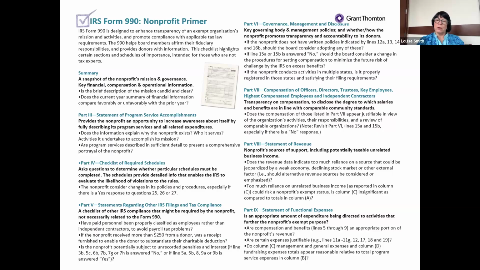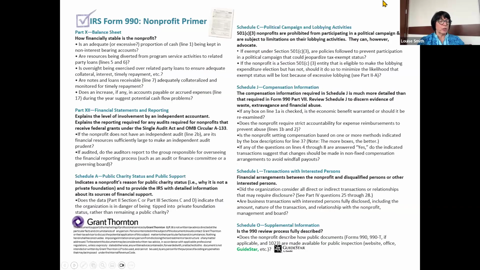All right, moving along. We're closing in here on the end of our session. More of this primer helping you understand the actual statements that are in the 990. Very important. One of the areas most of us don't do too much with, but Schedule C here on this page talks about political campaigns and lobbying activities.